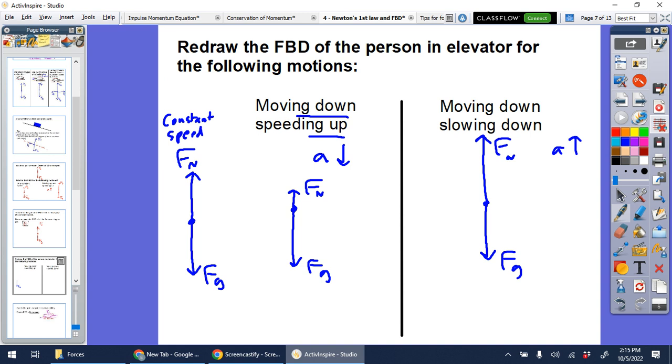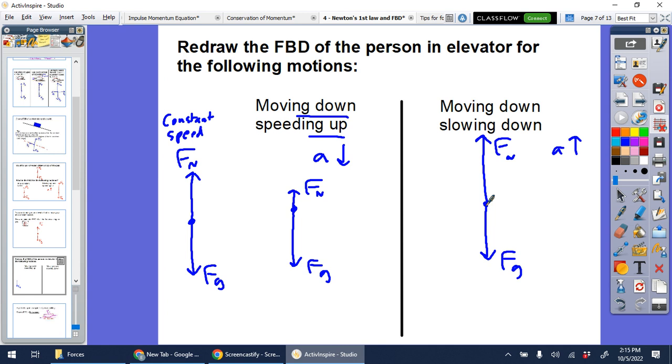Get past the security guards, get into those elevators. Those elevators speed up and slow down pretty significantly. And when they speed up or slow down, you'll get FBDs like this or this, which means when the normal force is bigger than gravity, you're going to feel heavy. And you feel it. Like, whoa, you feel heavy. And when your normal force is less than gravity, you might actually feel lighter. But notice in the middle of the travel, when things go at a constant speed, you don't even know you're moving.